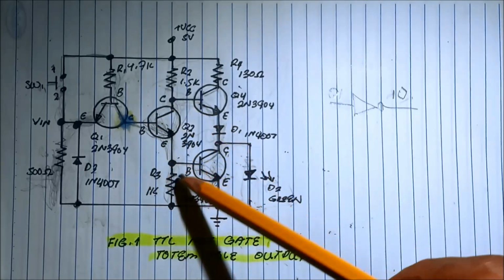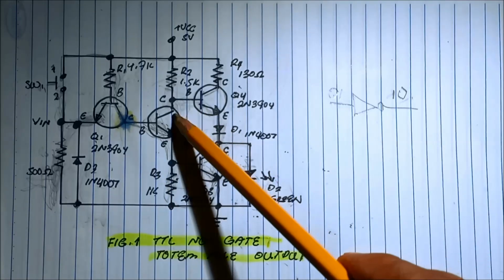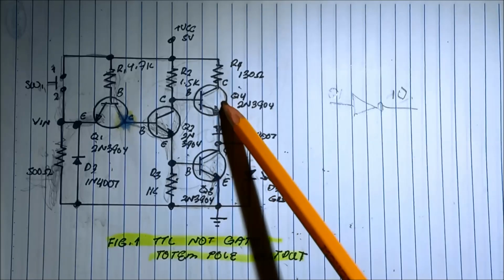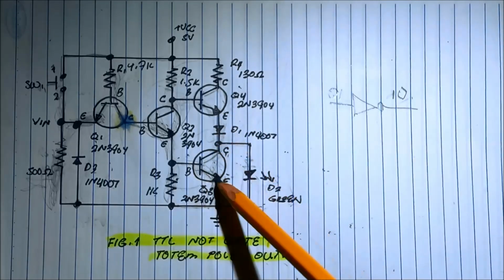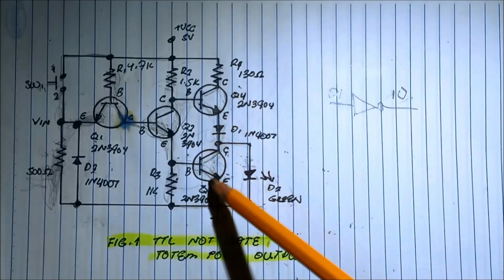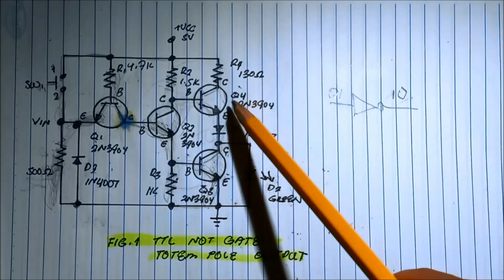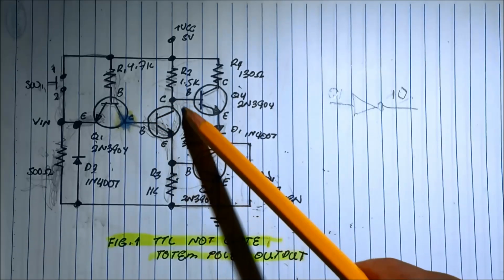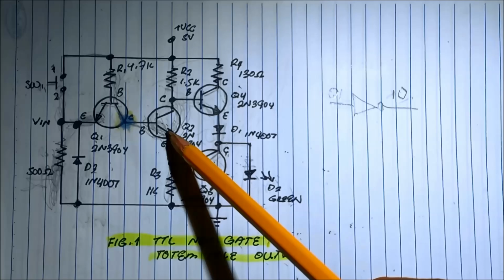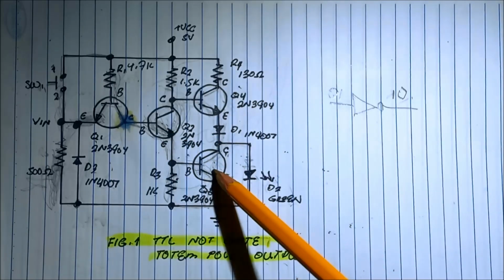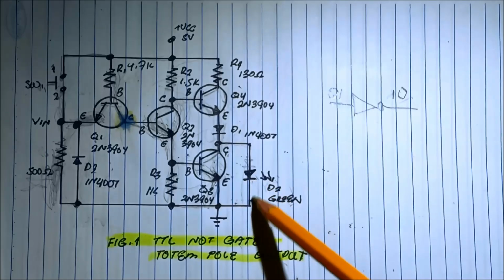This is a phase splitter to make sure that this transistor is on while this transistor is off, to make sure that only one transistor will turn on because of this phase splitter. Okay, so when this is off, this is on, making this two off, pull down to the ground.